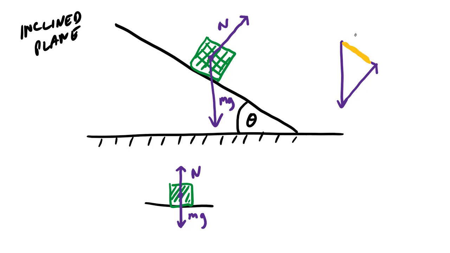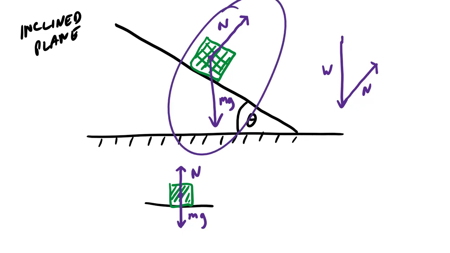If there was another force acting, maybe friction, we have the weight force, the normal force, and the frictional force, and by ending up at the same spot we can say that the box is not moving. However, if there was no frictional force, and there are only two forces acting on it, we end up with a resultant force acting down the slope. That resultant force means the box will slide down that slope and accelerate down the slope.